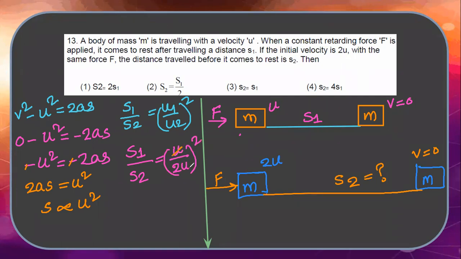Both numerator and denominator U will get cancelled. Therefore S1 divided by S2 is equal to 1 by 2 whole square, which means 1 by 4. If you bring it to the left side, S2 is equal to 4S1. That's why the fourth option is correct.